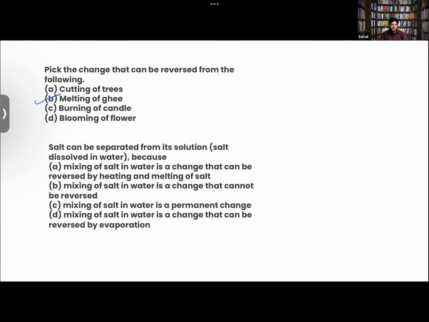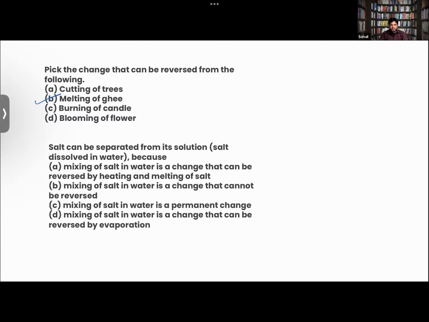There's one more category: a change in which no new substance is formed. That is called a physical change. And then you have the chemical change in which new substances are formed. Okay. Next question.